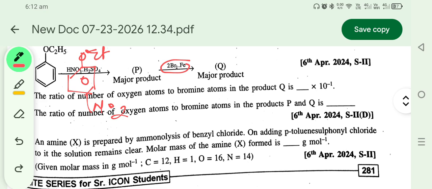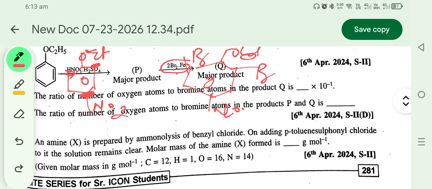With Br2 and Fe, bromination occurs. NO2 is a deactivating group, ethoxy is an activating group. Two bromines are substituted at ortho, para, ortho. But the para position is already substituted with NO2. Then two bromines are substituted at both ortho positions to the ethoxy, and the para is substituted.